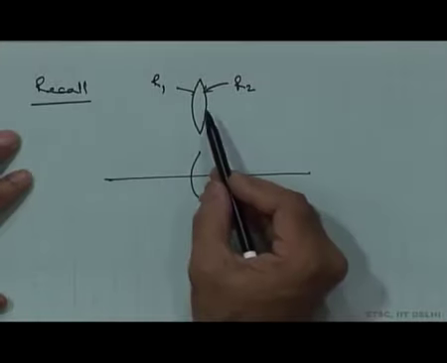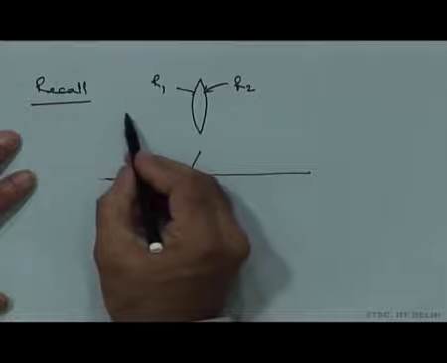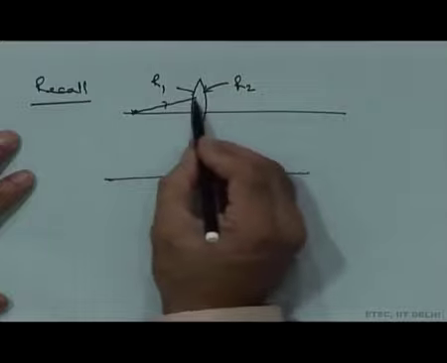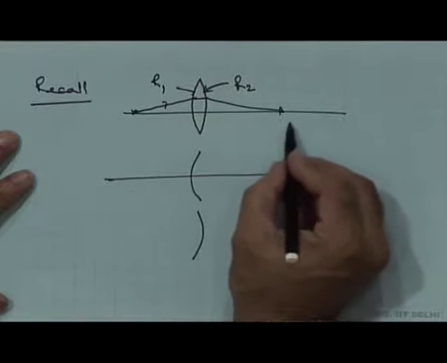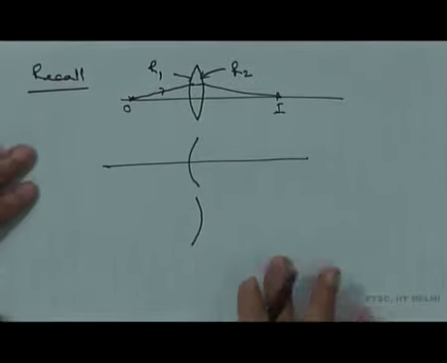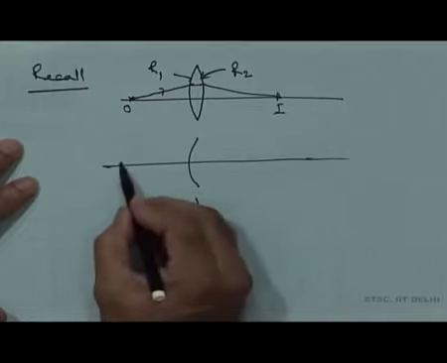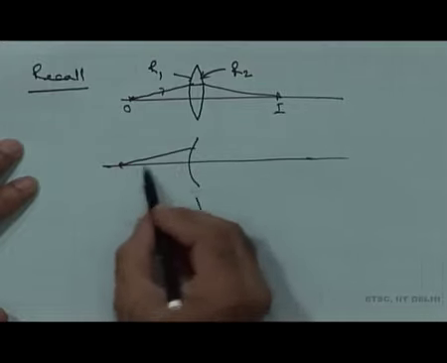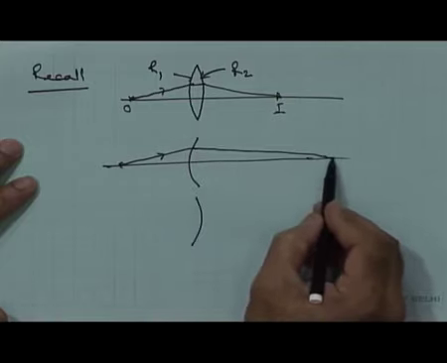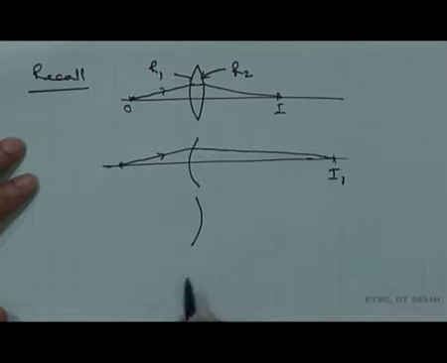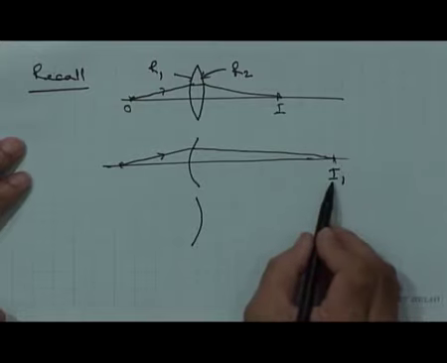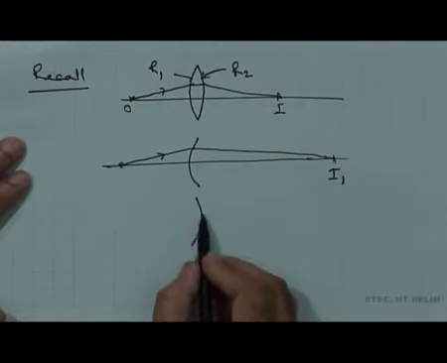Recall the refraction by a lens here. There was an object, and rays travel and form an image I. This is a point object and an image I. This was treated as first refraction by the first surface, which would form an image somewhere here, let us say I1, and this image will be treated as a virtual object for the second image formation.